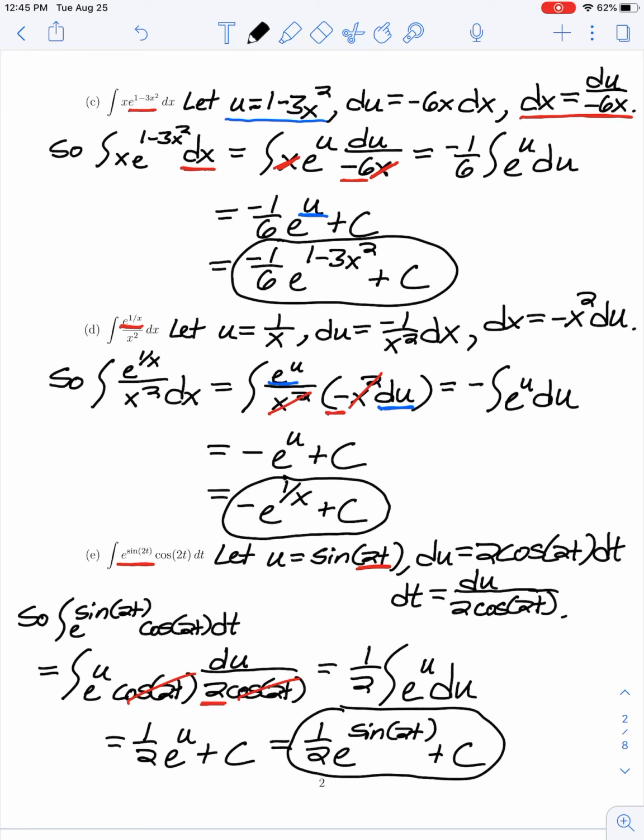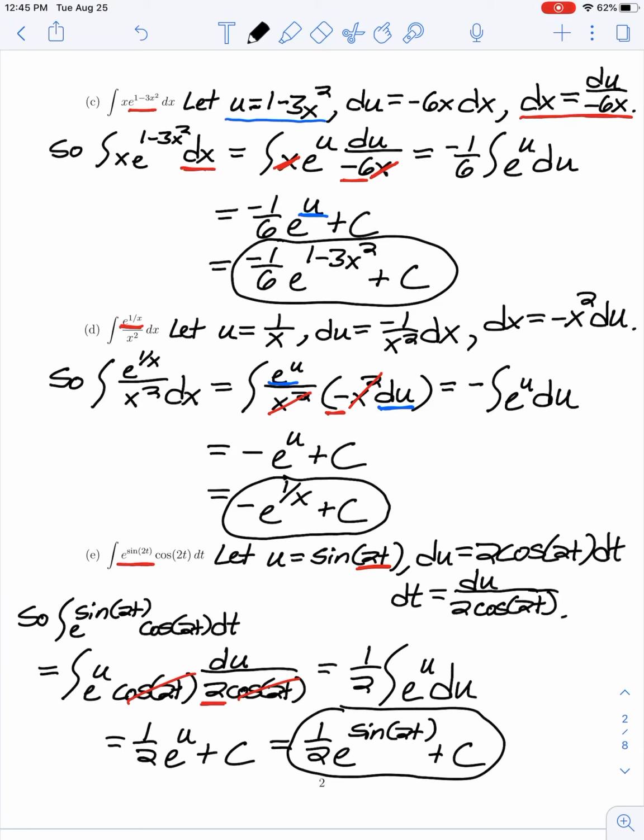So working through several of these examples, we're starting to see how this process works more generally. As soon as we see that our function involves a composite function, we should try a substitution. We start by choosing u, which is typically chosen as the inner function in that composition. Then we have to find its differential and solve for dx or maybe dt, whatever differential was given in the original integral.